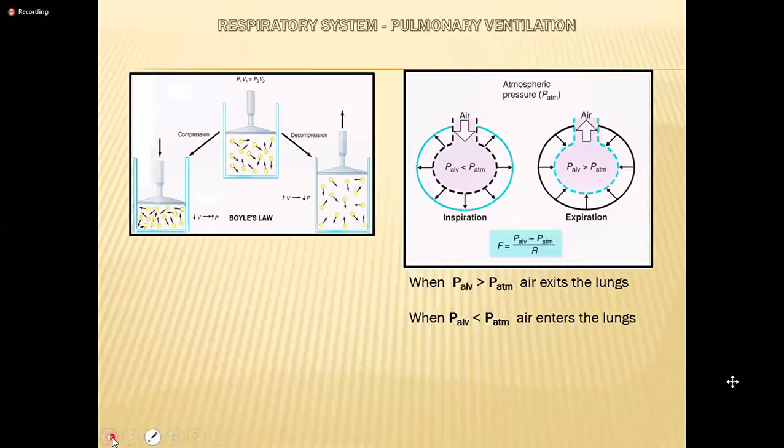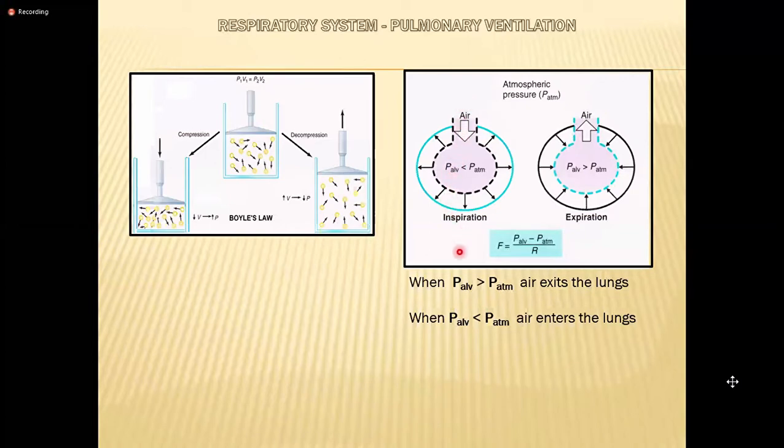When the alveolar pressure is greater than the atmospheric pressure, air leaves the alveoli. When the alveolar pressure inside is lower than that of the atmospheric pressure, air enters the lungs.